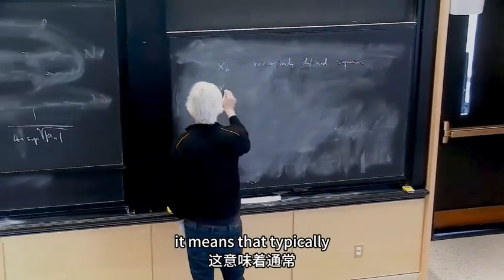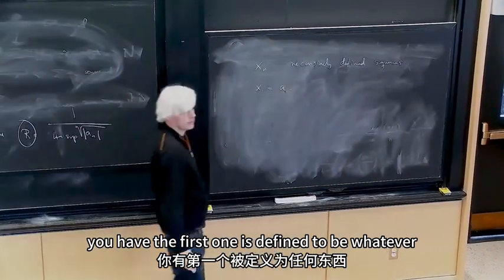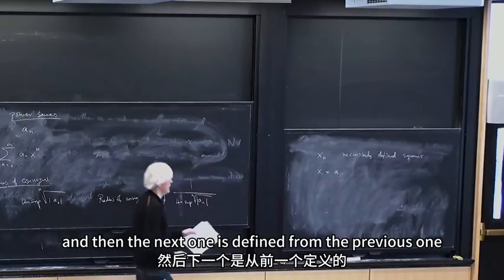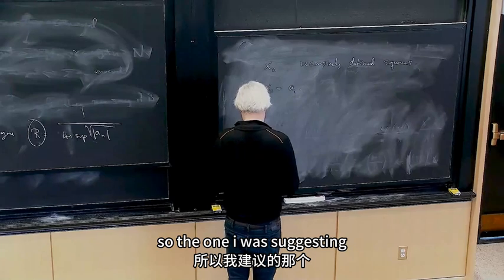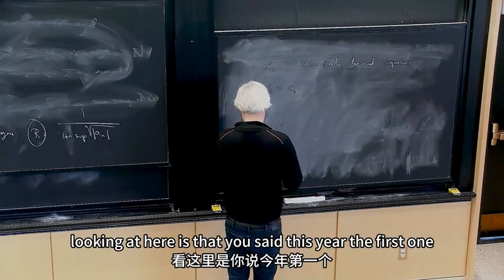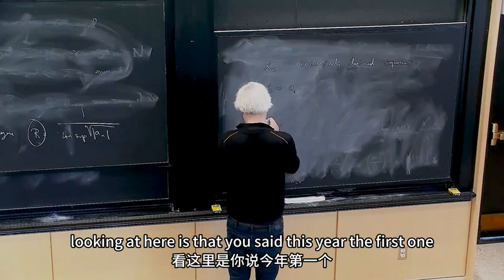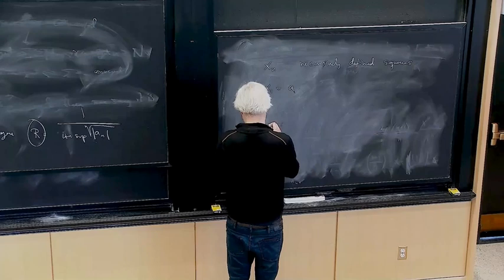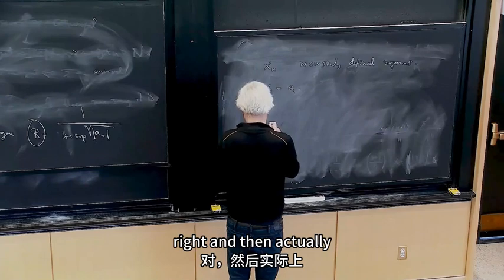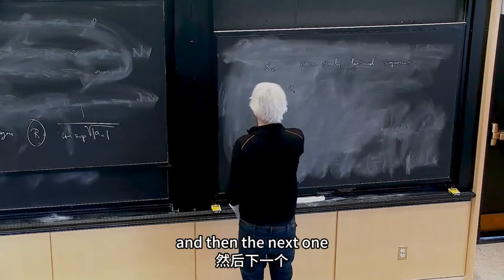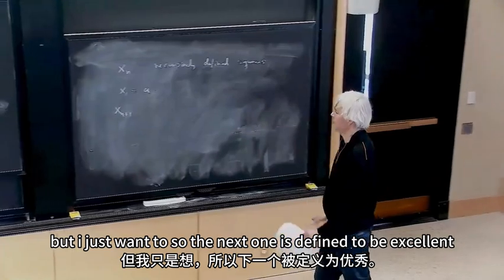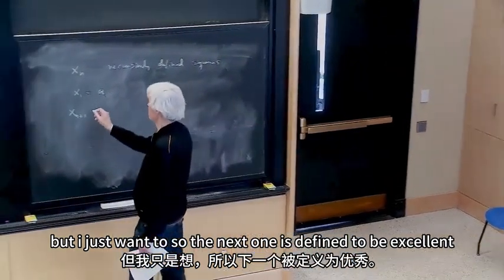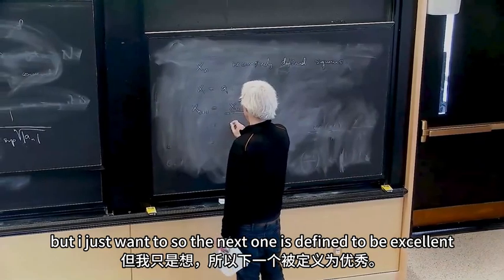It means that typically the first one is defined to be whatever, and then the next one is defined from the previous one. The one I was suggesting looking at here is this: you set the first one, and then the next one is defined to be x_n over n. It's actually simpler than what I have in my notes.